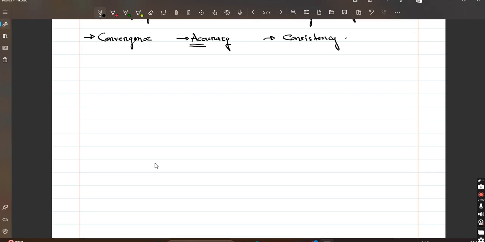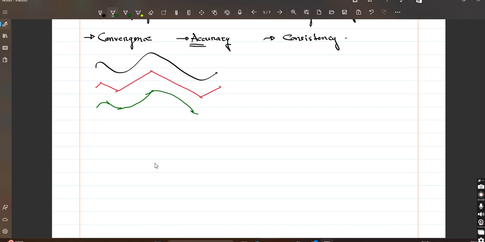The accuracy comes from the fact that, if you remember, I showed you there are different ways you can approximate this profile. This may be a linear profile assumption, or maybe a quadratic profile assumption, right? You can take many assumptions of the profile. Say this is the exact solution. This will give you some error, epsilon L, epsilon Q, and we'll see that epsilon Q will be far less than epsilon L, right?